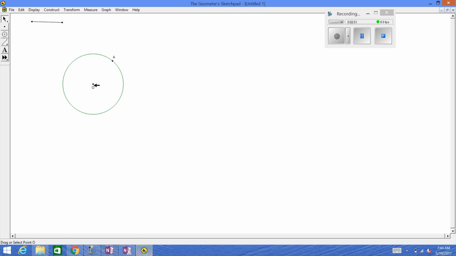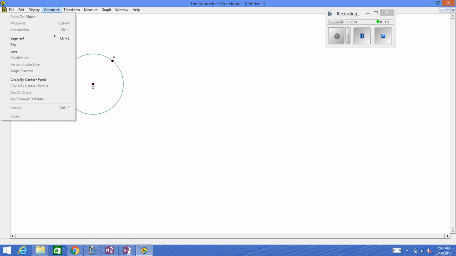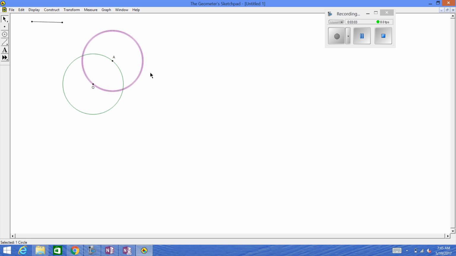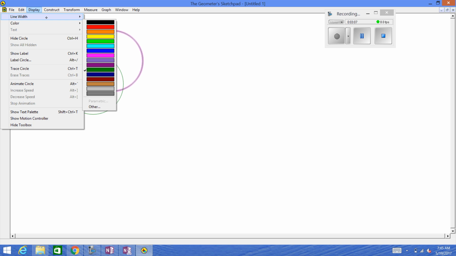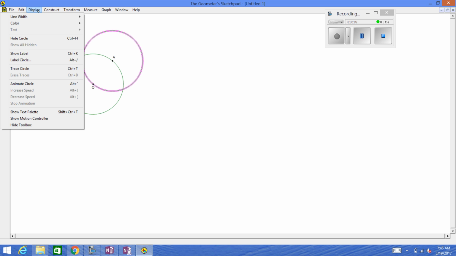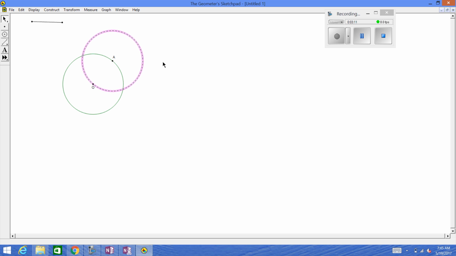Starting out with that first concept, I'm going to center my compass tool to make a circle centered at A with a radius opened up to B. Okay, and I'm going to make that dashed, so you leave this. That's your work shown.